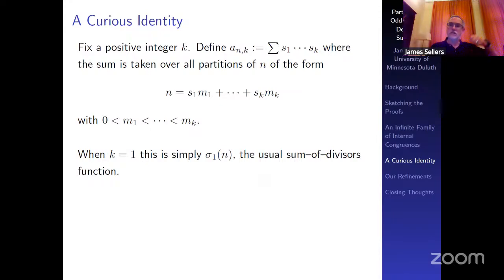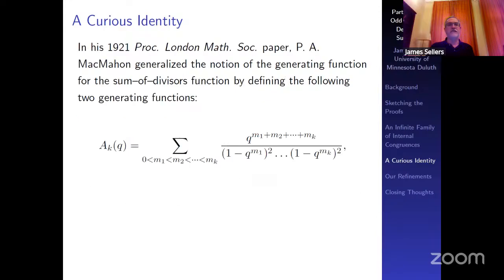MacMahon's goal was to look at something that would be a generalization. It turns out that you can then show that the sum of the lowercase a sub n and k's multiplied by q to the n, if you sum over all possible n, basically gives you back this A sub k of q.